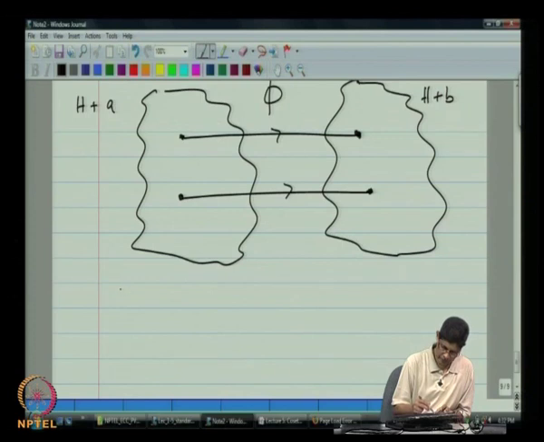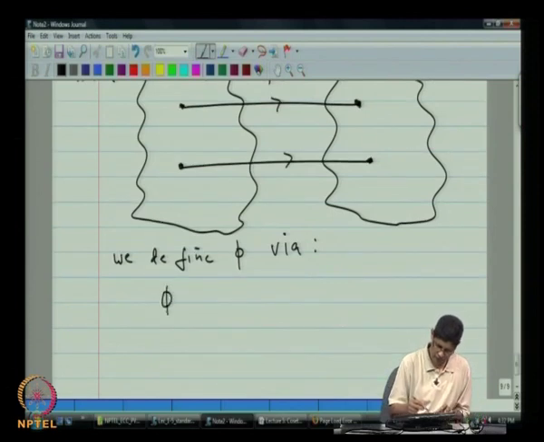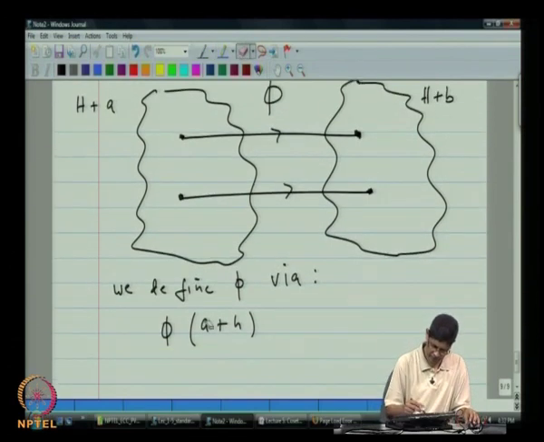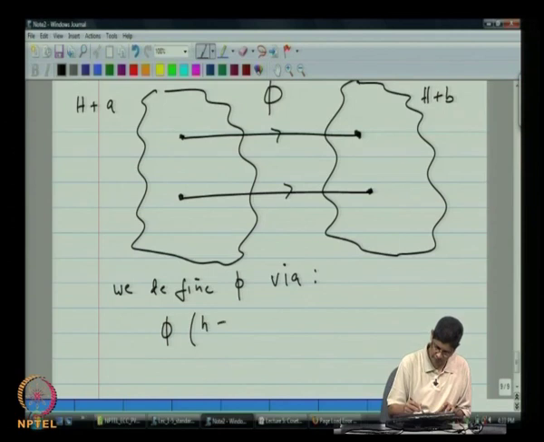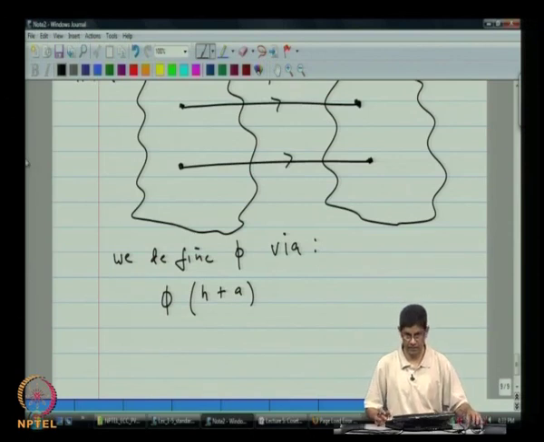Phi, we define phi via phi of H plus A. Okay, so maybe to be careful, since it's H plus A, let me write this as H plus A. So, this is phi of H plus A. If the group was commutative, then H plus A is the same as A plus H, but let us say we don't know that, although in the applications to coding theory it will be commutative.